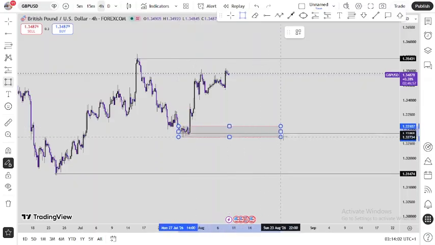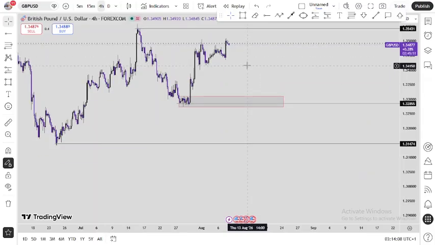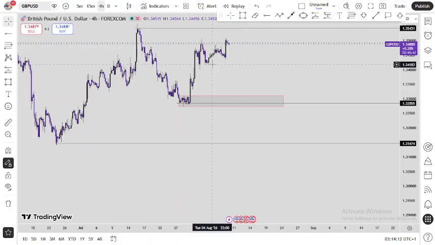I have 3 criteria when it comes to marking out what a demand area or supply area is. It's candle formation, it's break of the supply area itself, breaking a structure, and then it's also displacement.